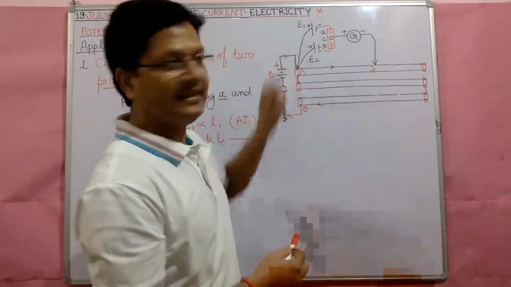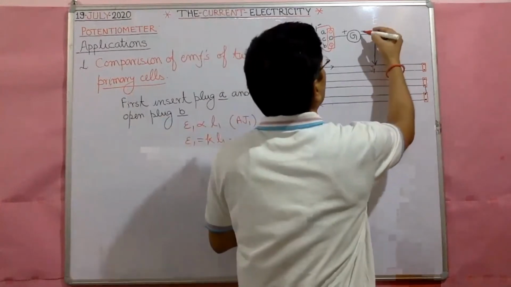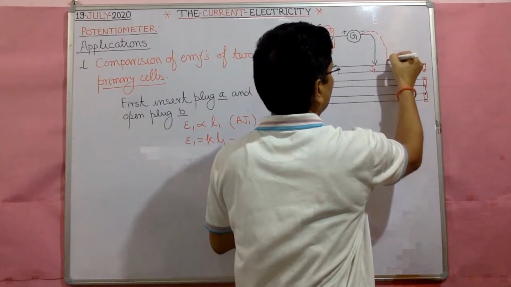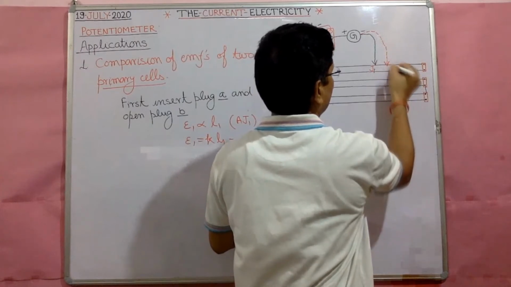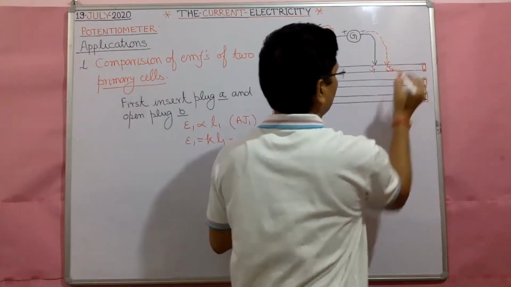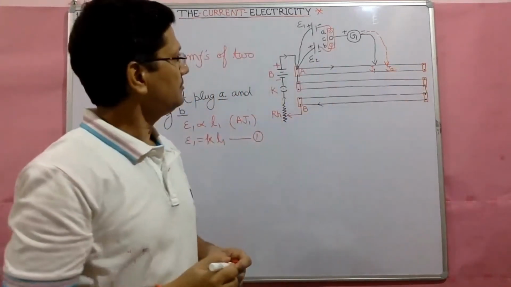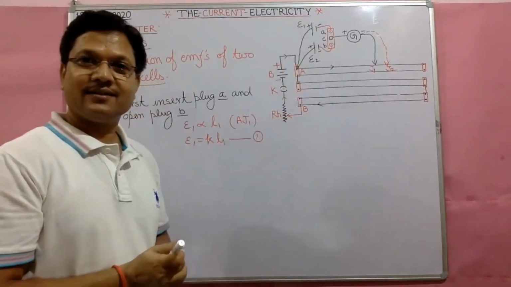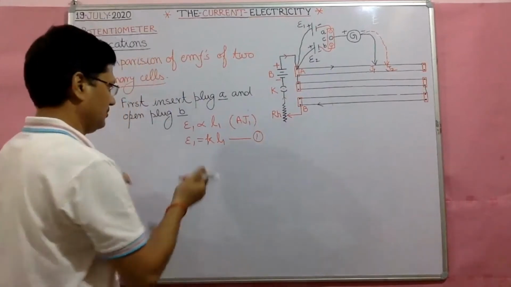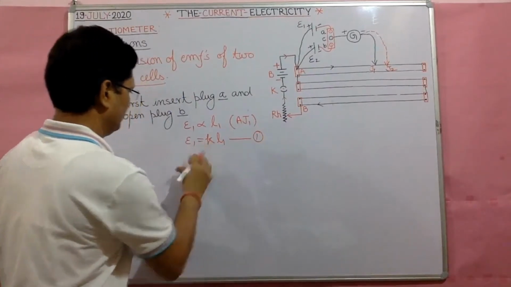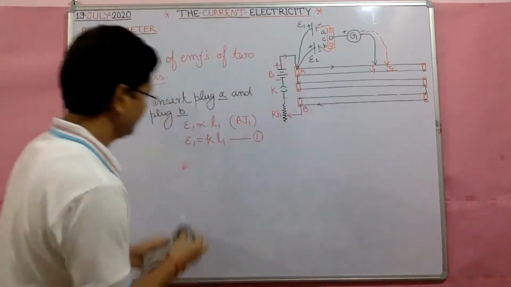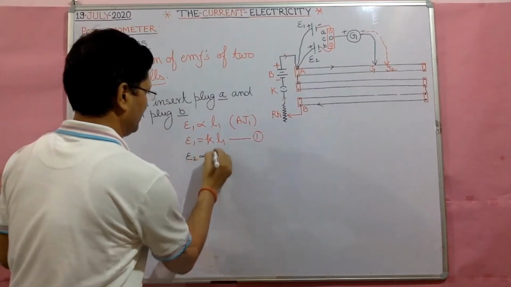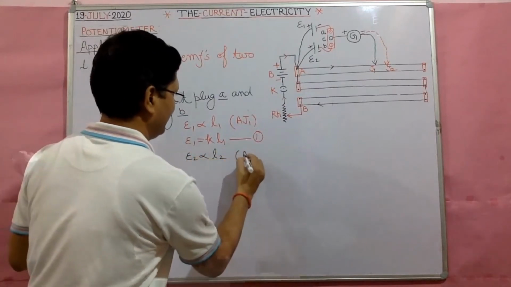तो फॉर सेल E2 the position changes, suppose the position is J2. Clear? So for this cell, again by the principle of potentiometer, E2 is directly proportional to the length L2, that is AJ2.